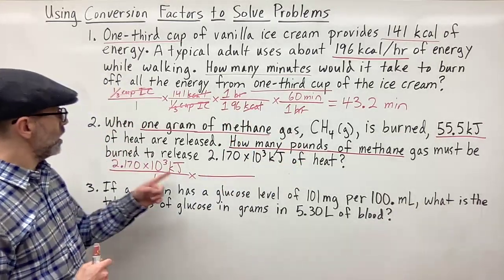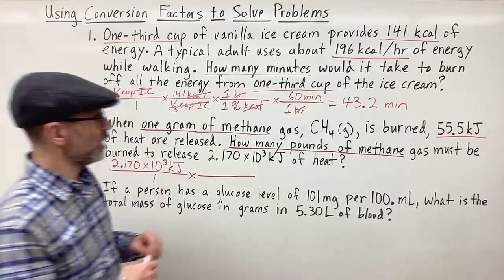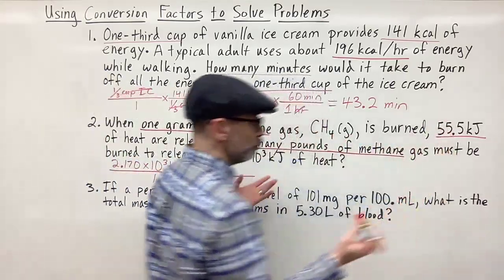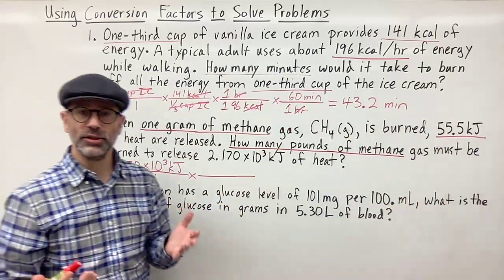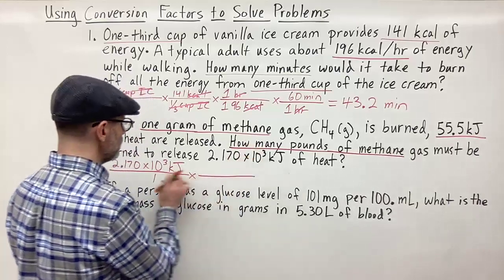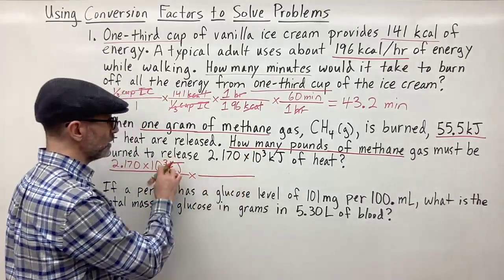of methane gas. So we need to get rid of kilojoules. Here we have a relationship between grams of methane gas and kilojoules. So we can use that to convert to grams of methane gas. So let's do that. Since I have kilojoules on the top here, I want kilojoules on the bottom to cancel.